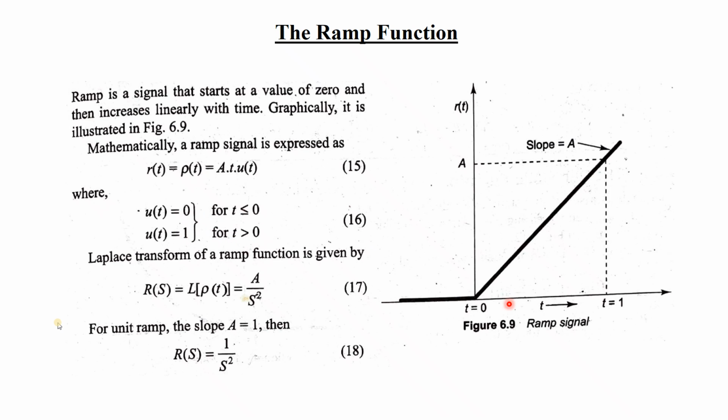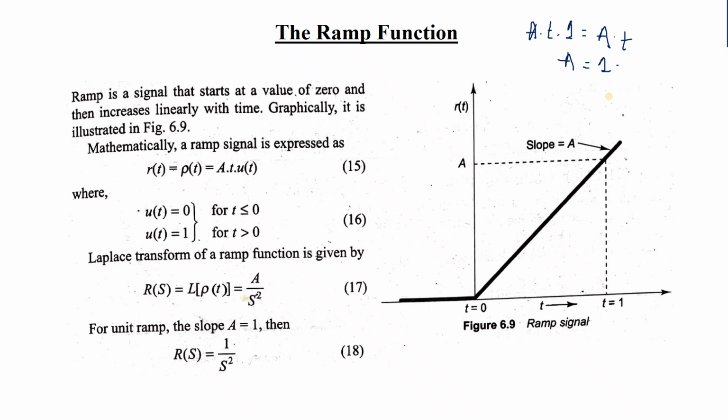u(t) means that at time less than or equal to 0 it is 0, and greater than 0 it is 1. So if it is 0, the entire thing will be 0. If time is more than 0, the unit step function is 1, so it will be a into t into 1, that is a into t, and t means time.